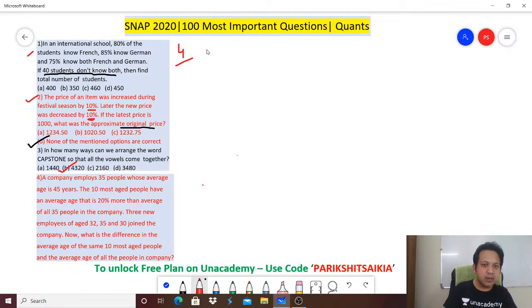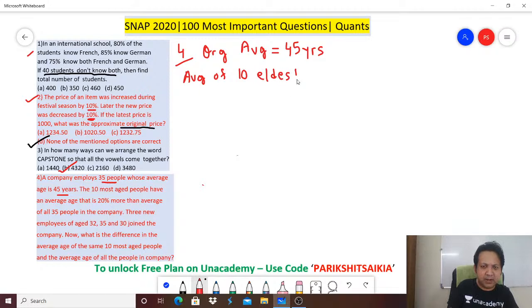Okay. Let's say original average. There were a total of 35 people and the average is 45. So original average is 45 years. Right? So can I write next? Average of 10 eldest people. How much is it?